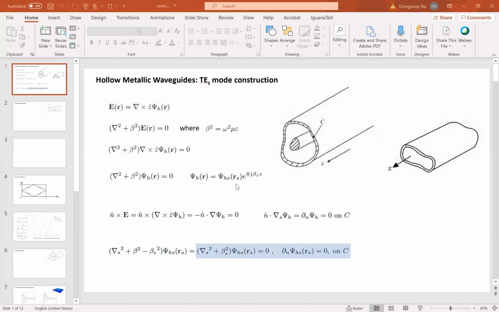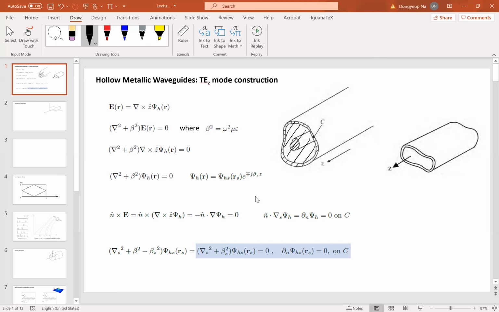The other part is the transverse part: the scalar potential, which is a function of r_s, the position vector over this cross section. If we describe it in Cartesian coordinates, it's going to be x, y.